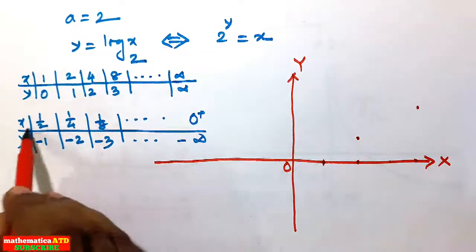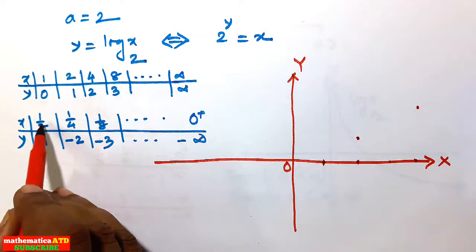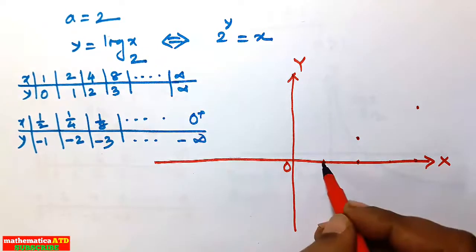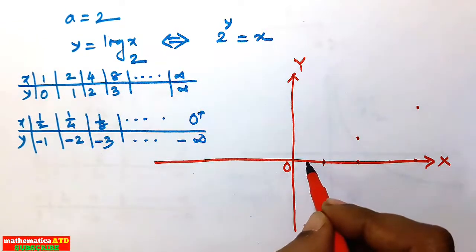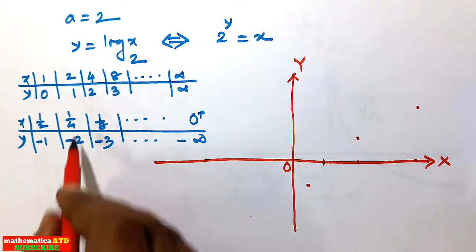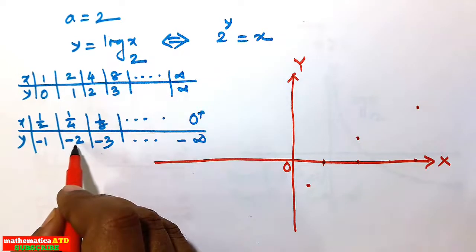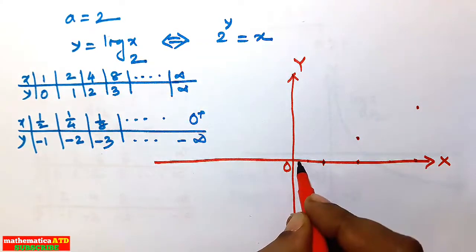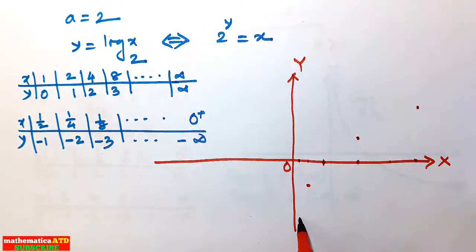For the other set, the first point is half, minus 1. Next point is 1/4, minus 2. In this way, the other points also.